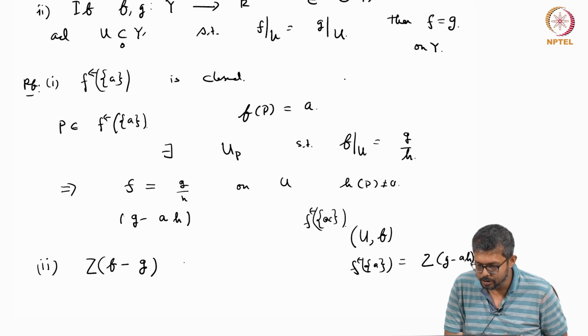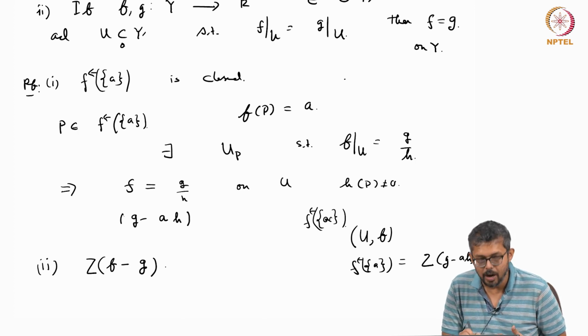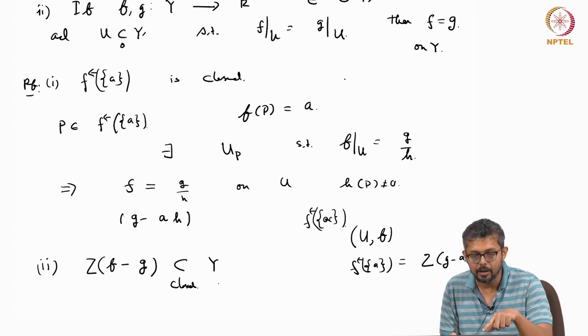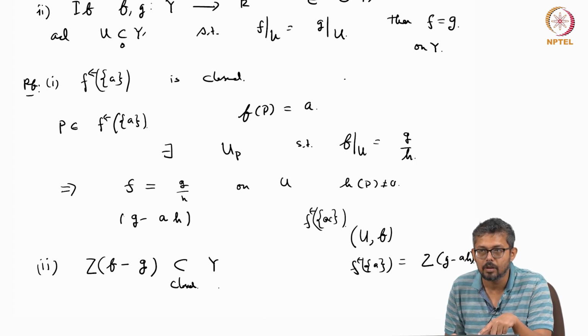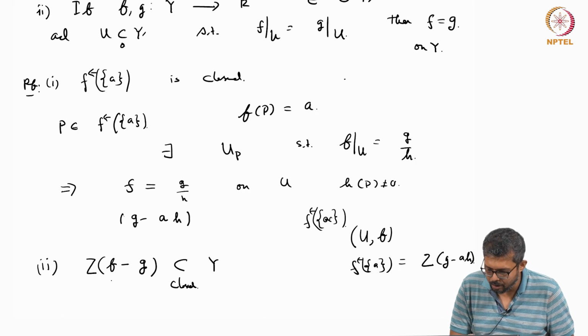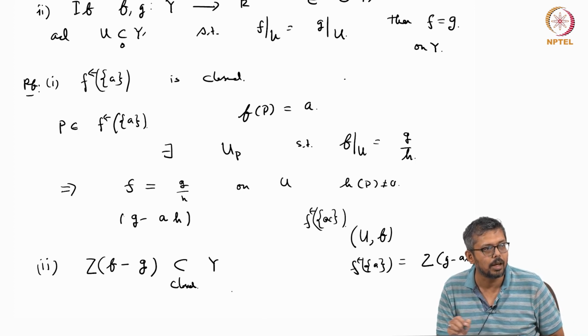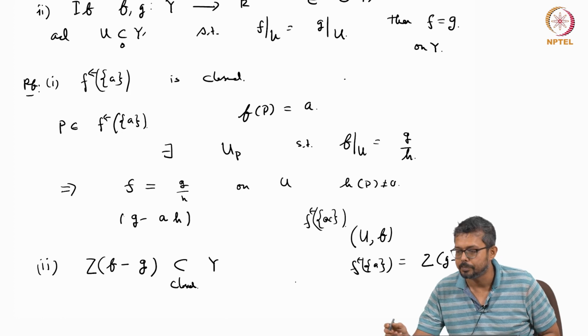This is a closed subset of Y, and U is an open subset of Y contained in the zero set of f minus g. Since Y is quasi-affine, this says that Z of f minus g equals Y. But if Z of f minus g equals Y, it means f equals g on Y.